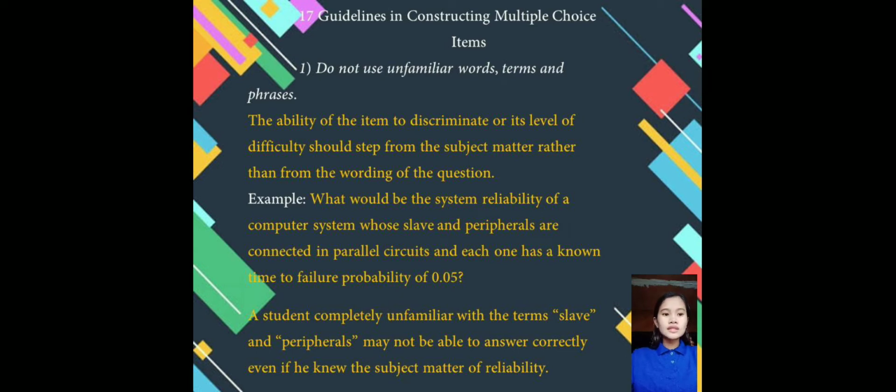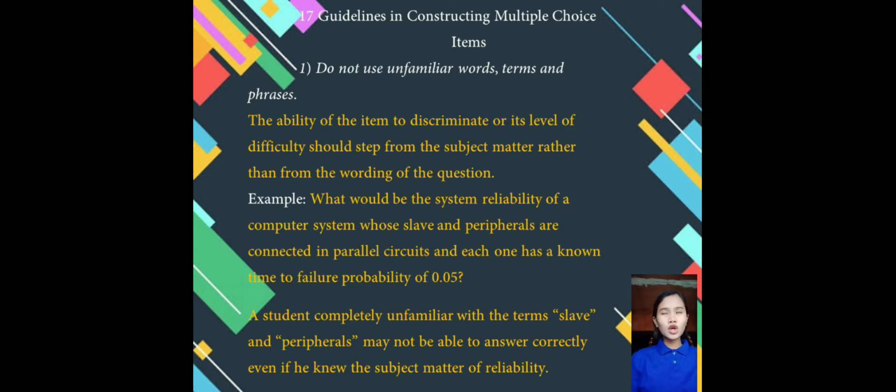The first one is do not use unfamiliar words, terms, and phrases. The ability of the item to discriminate, or its level of difficulty, should stem from the subject matter rather than from the wording of the question. Example: what would be the system reliability of a computer system whose slave and peripherals are connected in parallel circuits, and each one has a known time to failure probability of 0.05.